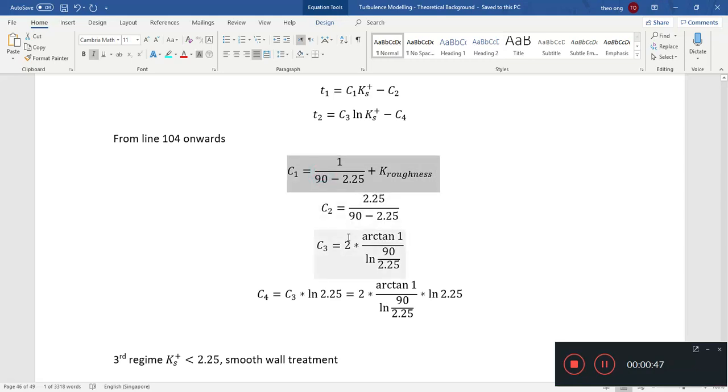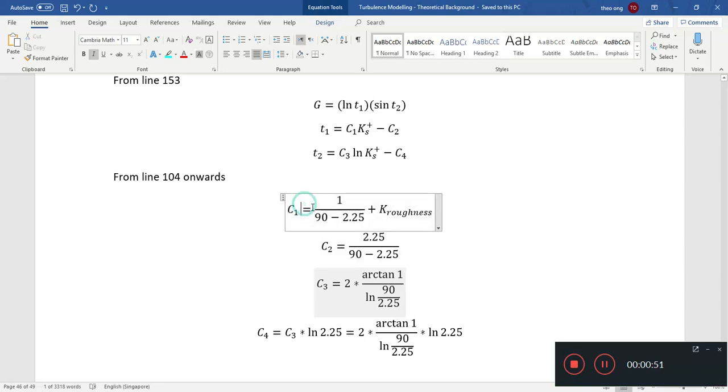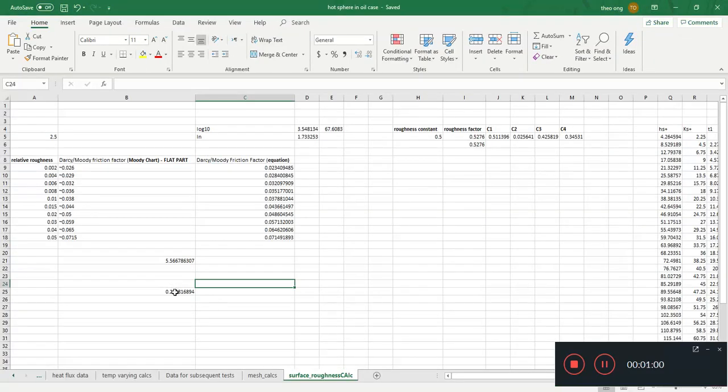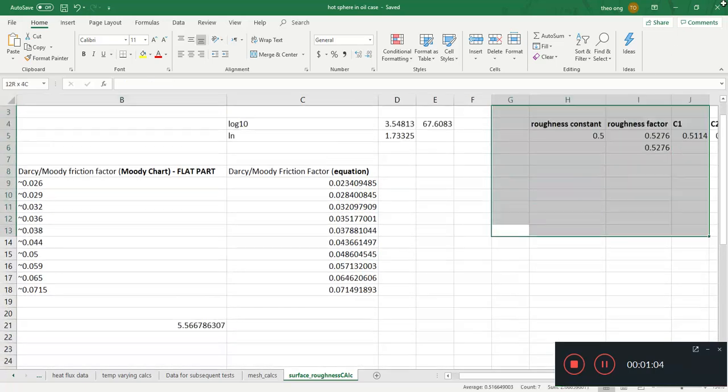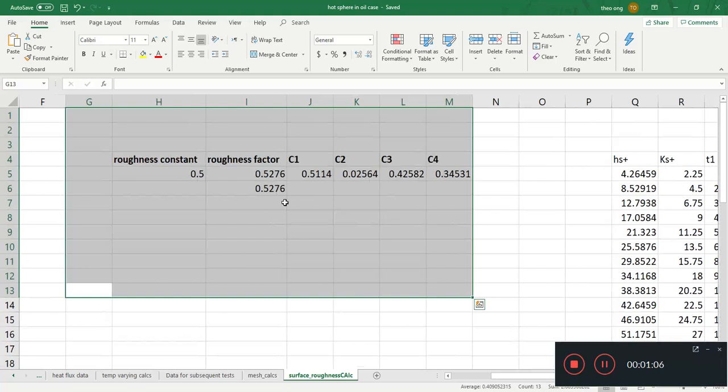I've made an Excel spreadsheet with T1 and T2 and C1 to C4. This is the value of G. I'll bring you through the spreadsheet in a little bit, so ignore everything else and just focus on this.